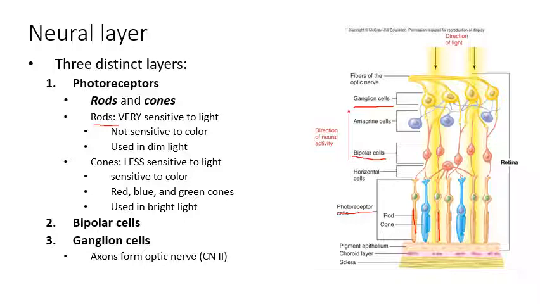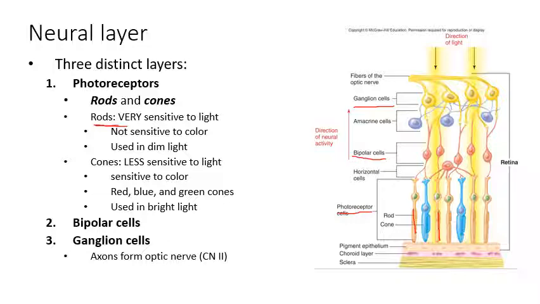What you see are rods are very sensitive to light. So you can have low, when you're in dim light, say like at dusk. The rods are more sensitive, or can pick this light energy up because they are more sensitive. You don't have to have as much light to stimulate them. Okay, so we use these in the dim light.